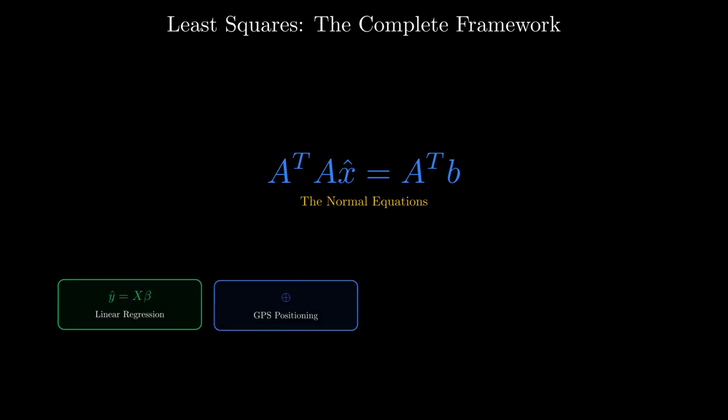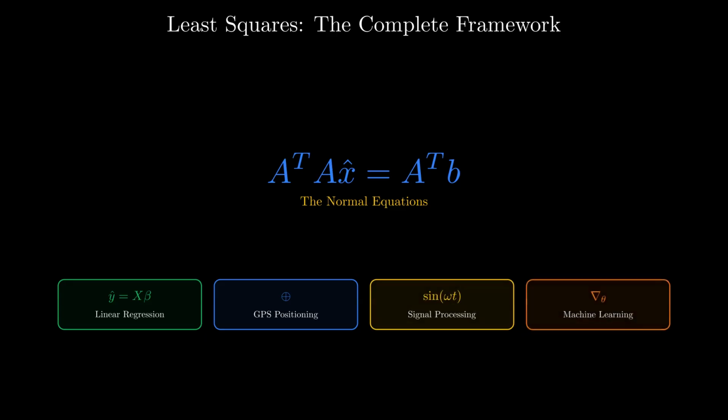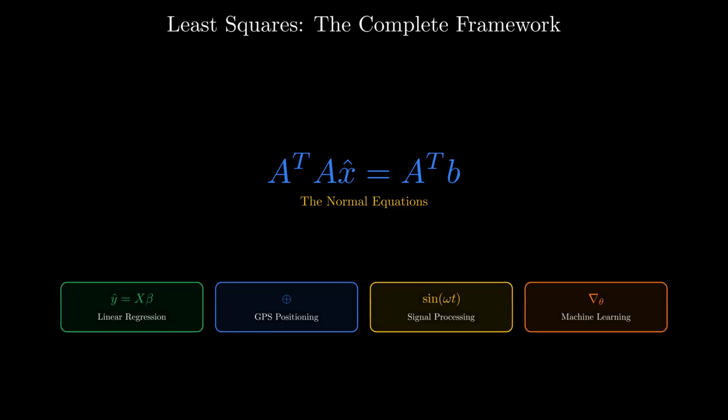Least squares is far more than a textbook exercise. The normal equations A transpose A x hat equals A transpose b appear across science and engineering, in linear regression, GPS positioning, signal processing, and machine learning. Wherever an overdetermined system needs the best approximate answer, this framework applies.